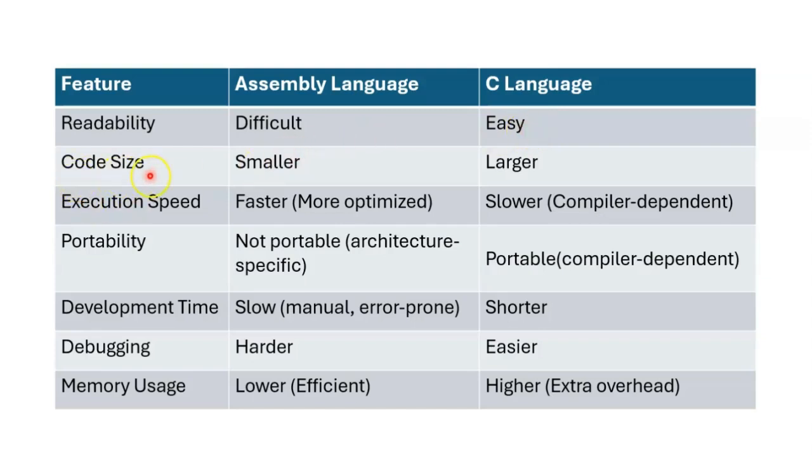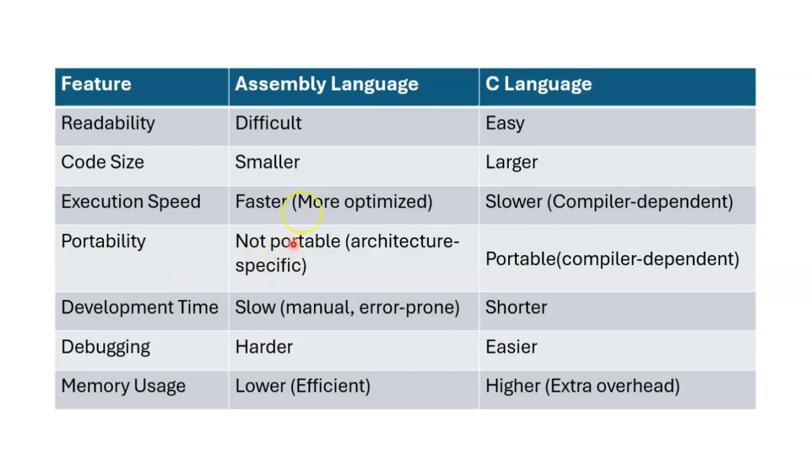Then the code size. As you can see, the assembly language code size is smaller, and the C language, because it incurs overheads, the code size tends to be larger than the assembly version. Execution speed for assembly language is faster, it's more optimized, whereas in C, it's slightly slower and it's compiler dependent.